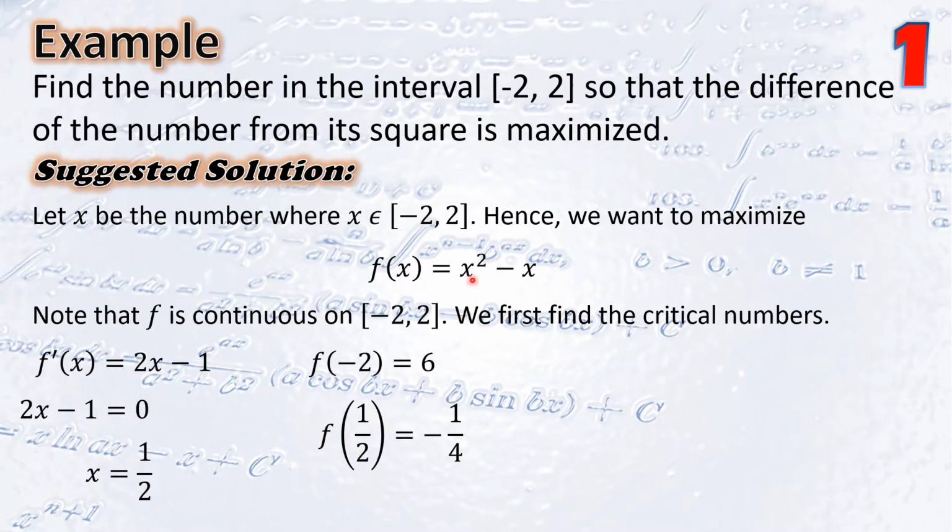So we have 1/2 squared is 1/4 minus 1/2, that is -1/4. Then we have f of 2, the other end of the closed interval, that will be 2 squared minus 2, and that is equal to 2. Then from here, we conclude that f attains a maximum value on the closed interval -2, 2 at the left endpoint of the closed interval. Therefore, the number is -2.